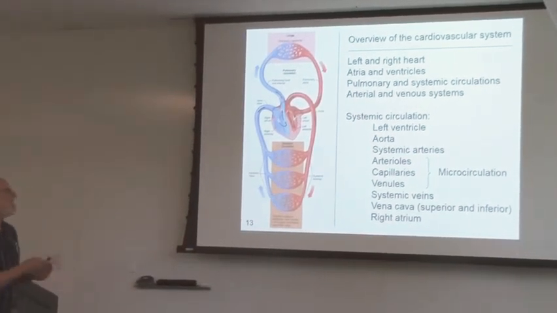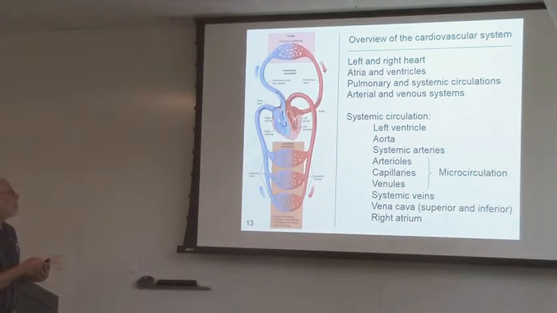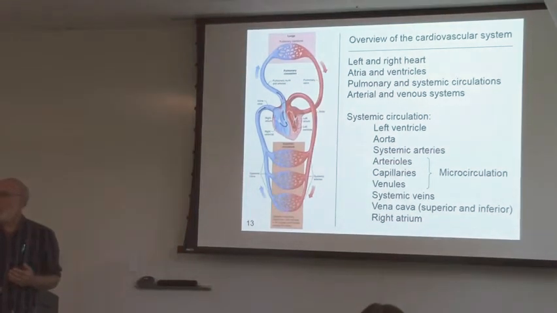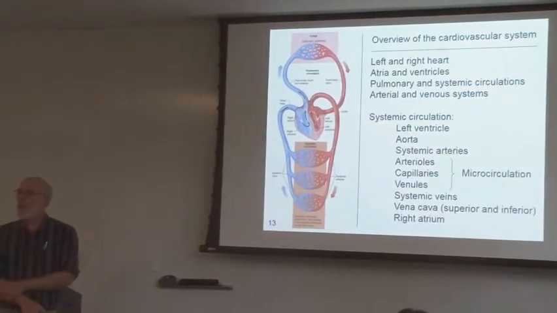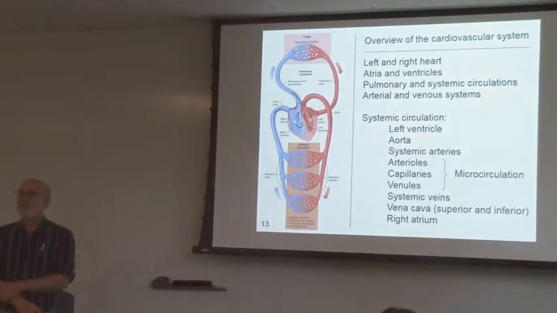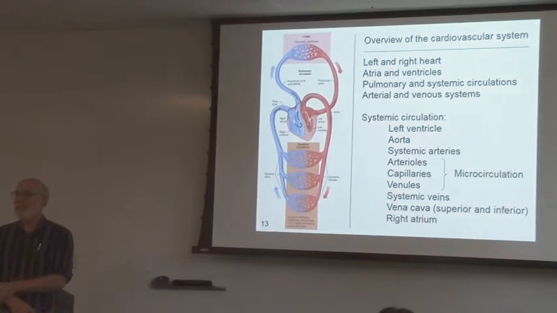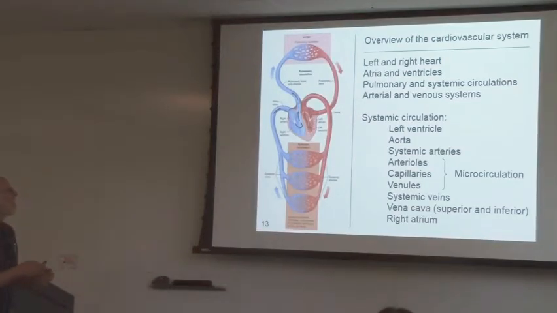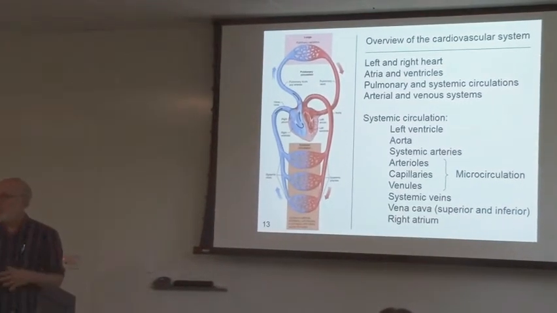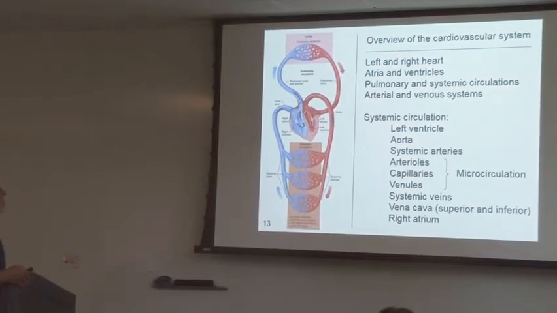Well, what we have is a left atrium and ventricle and a right atrium and ventricle. Our heart, which is one pump, is really 2 pumps working simultaneously in series. There's the left pump and the right pump, so we'll be using that information.